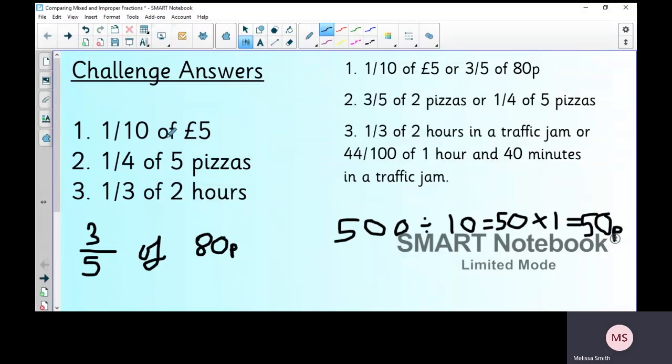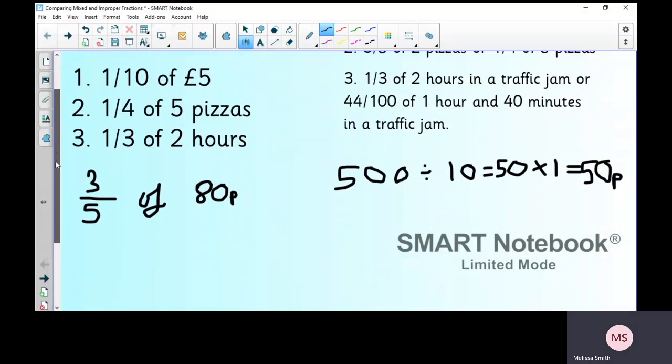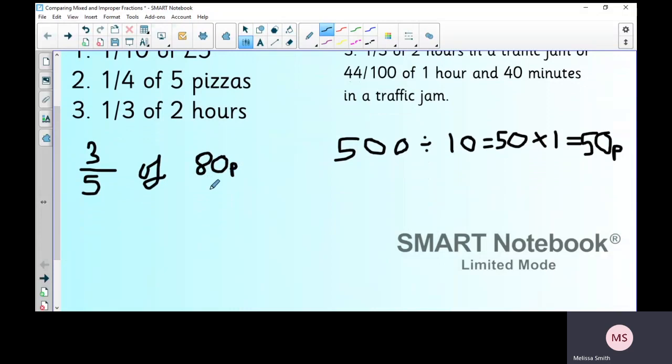What's my first step? Well, I know that I take my amount and I divide by the denominator. So 80 divided by 5, which you should know is 16. And then 16 multiplied by the numerator.